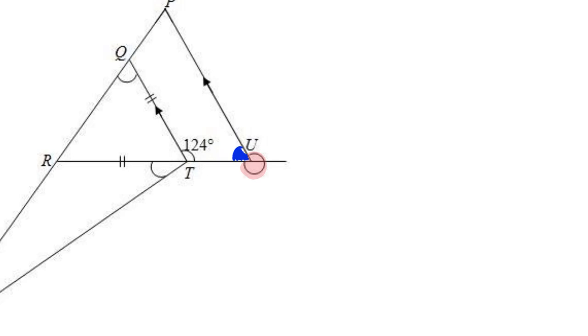And I also saw that, hey, this is a parallel line. And with parallel lines, I saw that we have here interior angles, so they add up to 180 degrees.